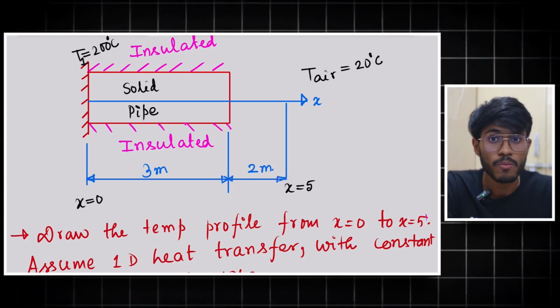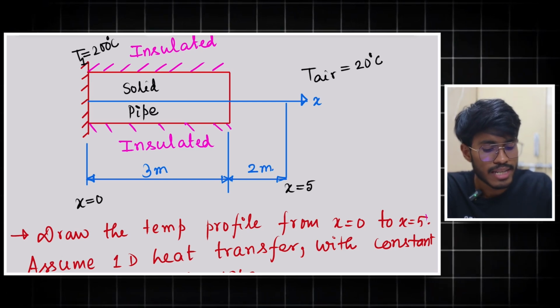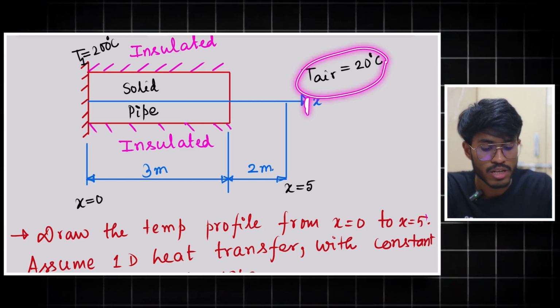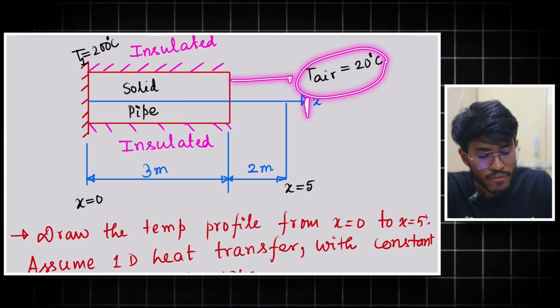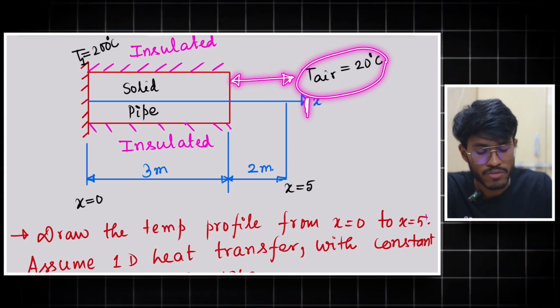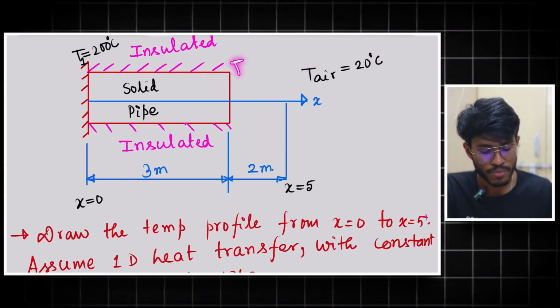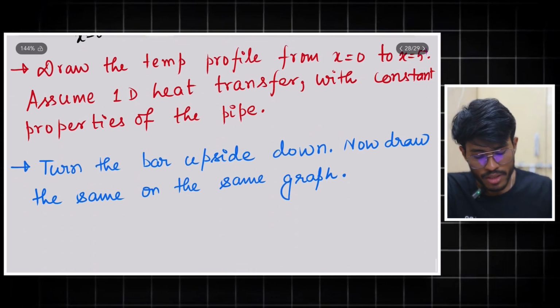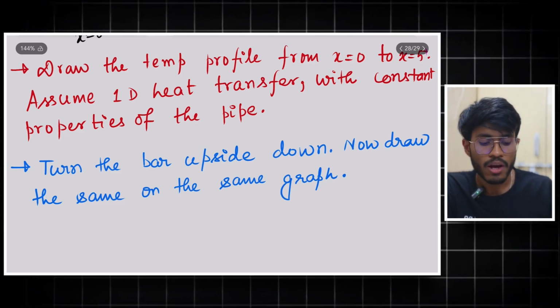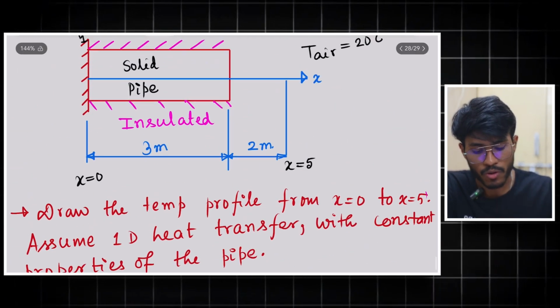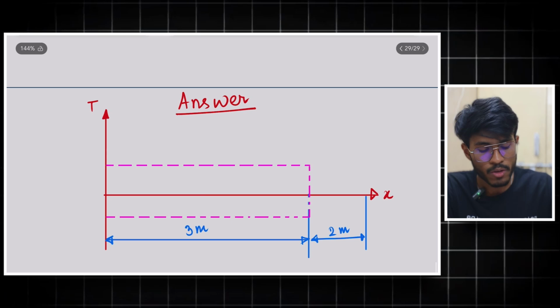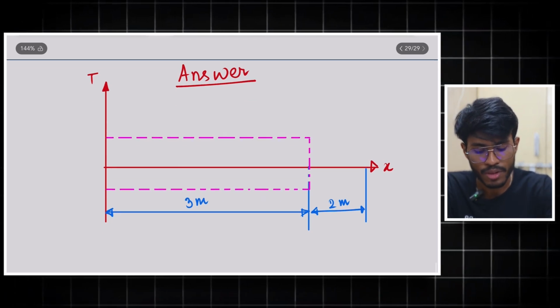You have to notice one more thing: I have written this T air at this position, which is far away from the ending position of the rod and not here. So there is another question, but firstly, I will draw this one. Clear? So let me go to the answer directly.